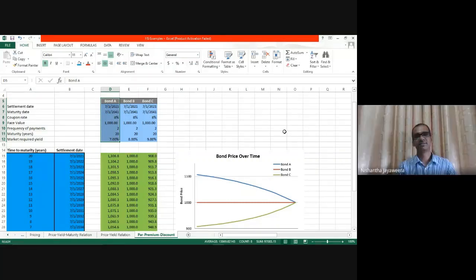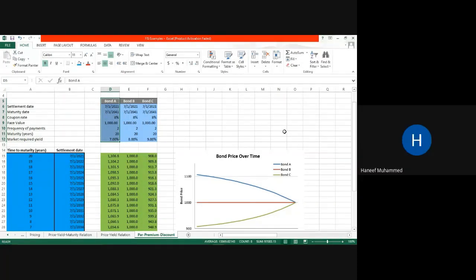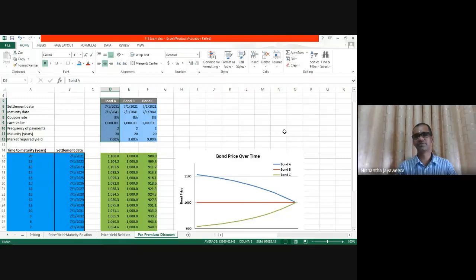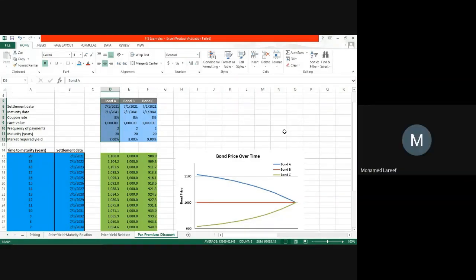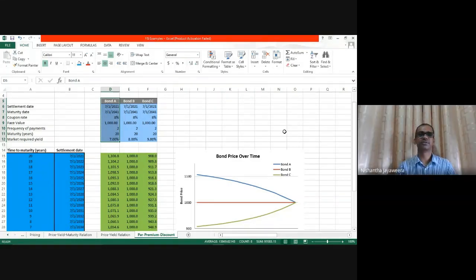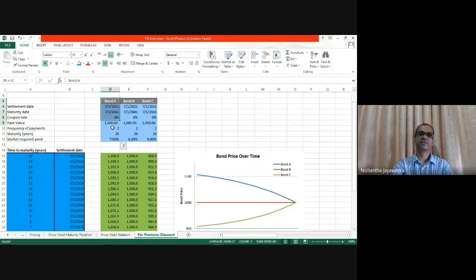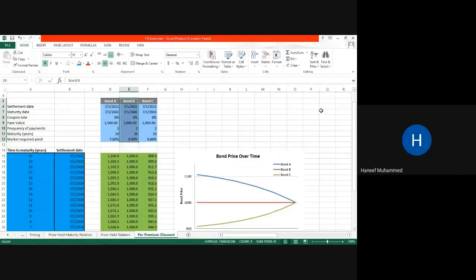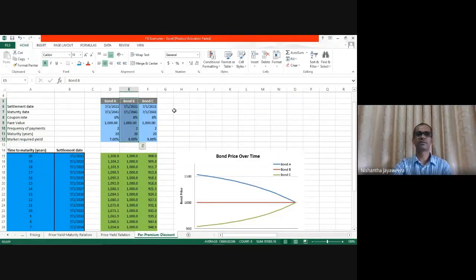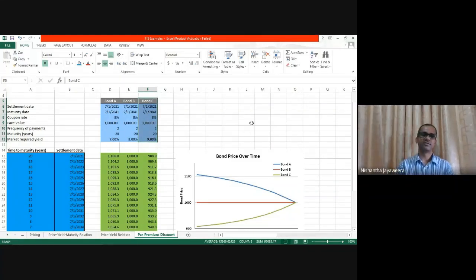Premium. When the yield is lesser than the coupon, it should be at a premium. So this bond will trade at a premium. What about this? It's at par. This one at a discount.